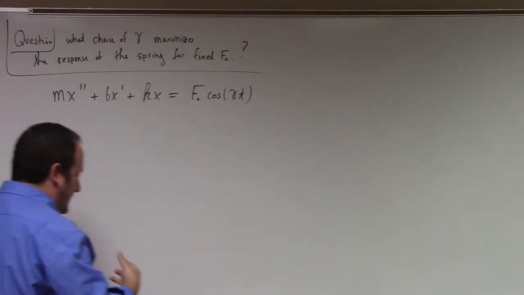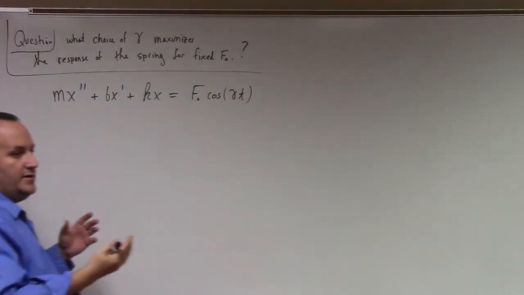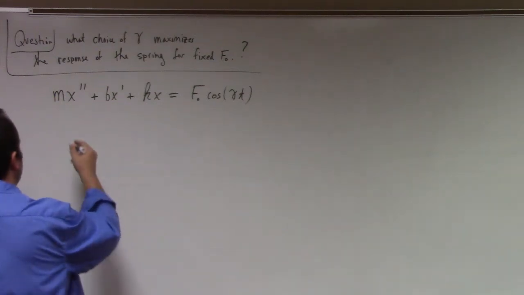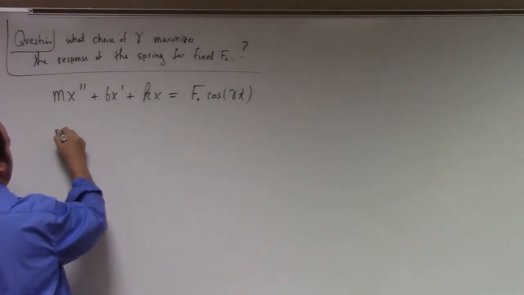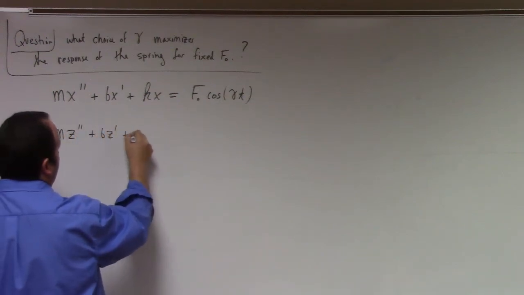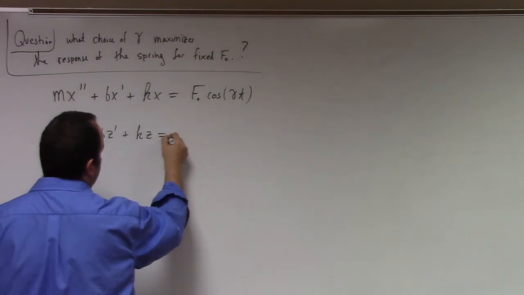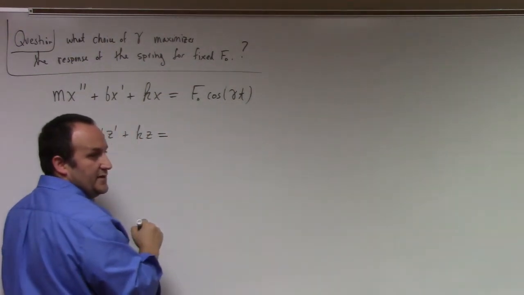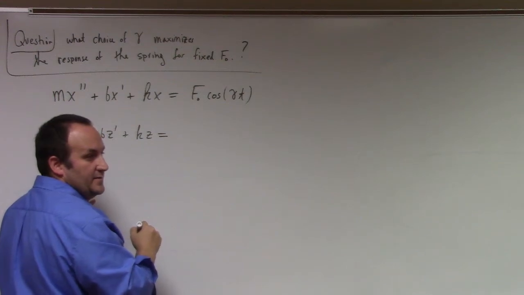So here's the idea. What I want to do is find a corresponding complex differential equation which allows solutions to the given one as the real part. So the corresponding complex differential equation would be mz'' + bz' + kz = something, and I need something that has F₀ cos(γt) as its real part.